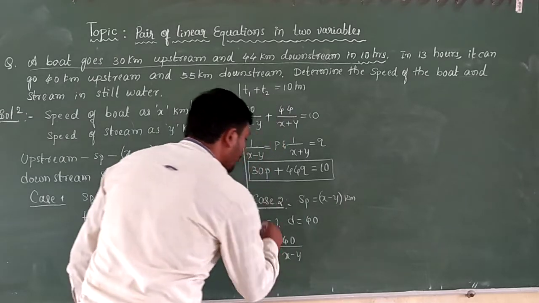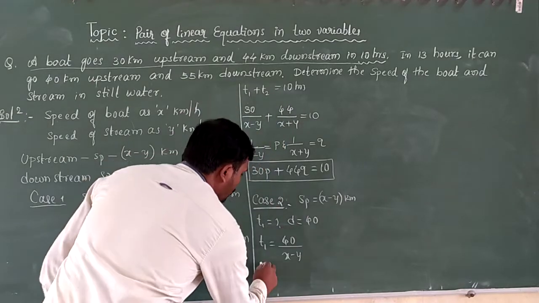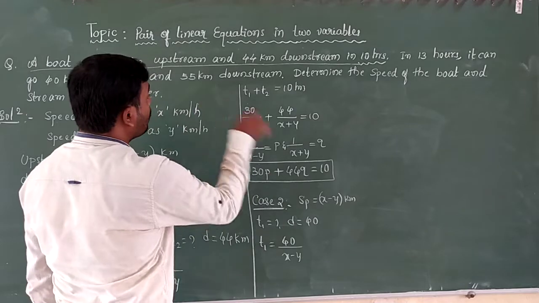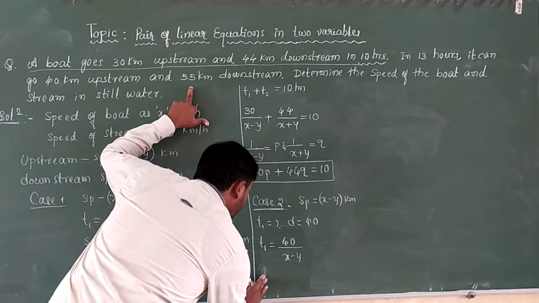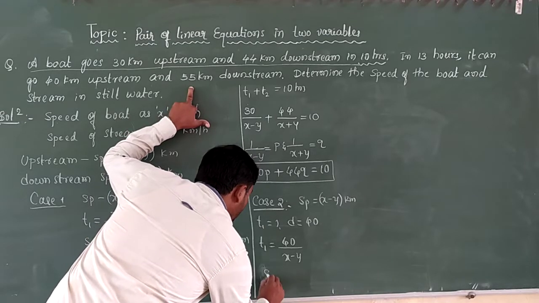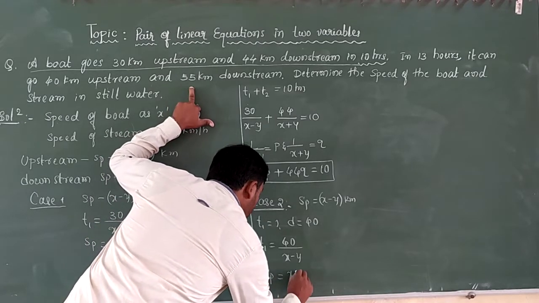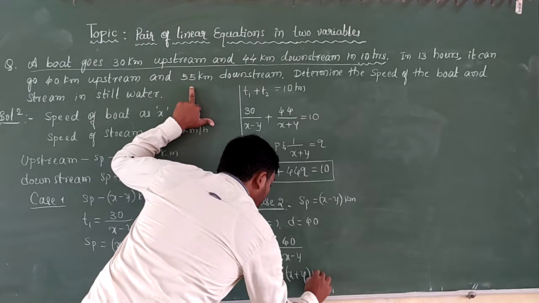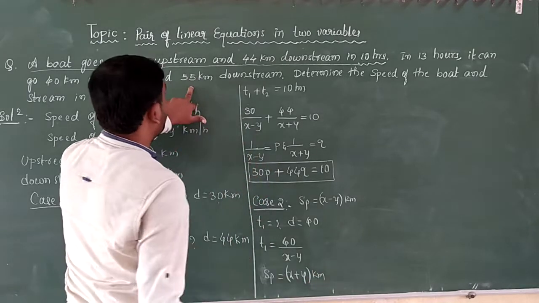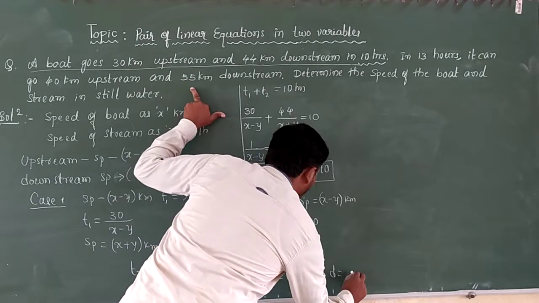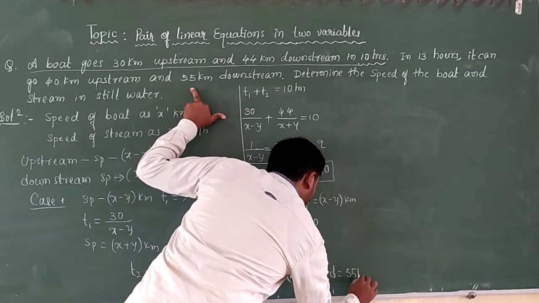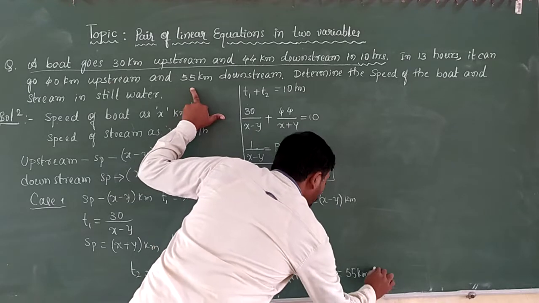In the same way, in case number 2, when it is downstream, the speed is x plus y kilometer per hour. The distance is 55 kilometer, and t2 we need to calculate.